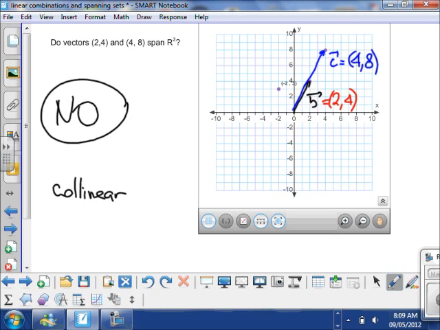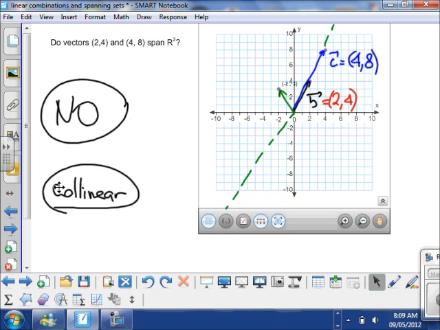If they are collinear, there is nothing I can do to get to my vector negative 2, 3. The only vectors that I can generate are vectors along the same line. Definitely not vectors in R squared.